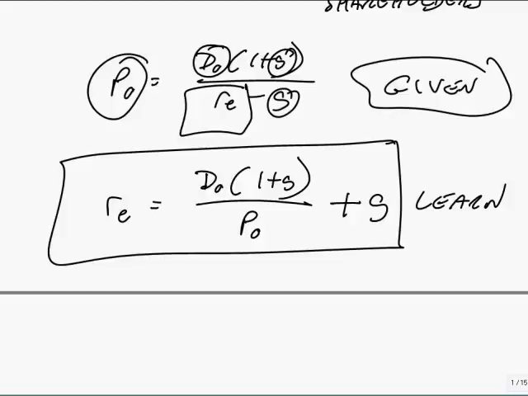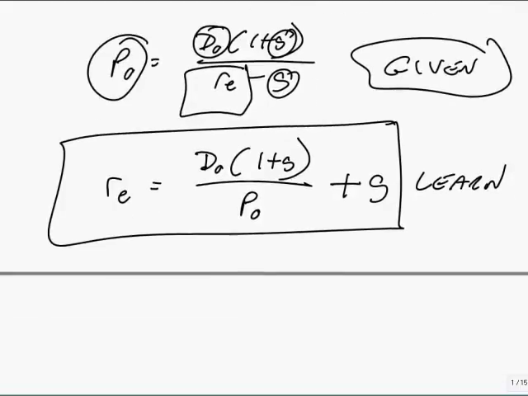It is the same formula, but the formula sheet gives it for P0. More likely, you'll be using it to get RE. Okay? Subject to that, though, it is just sticking the figures in. That RE is the shareholder's required rate of return.